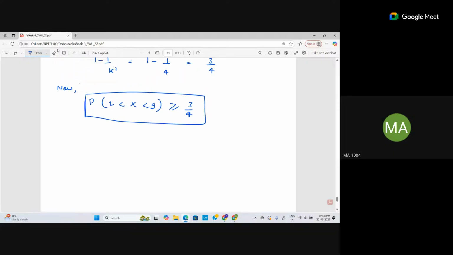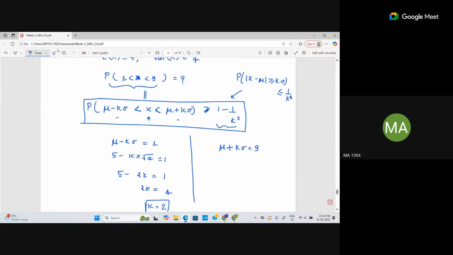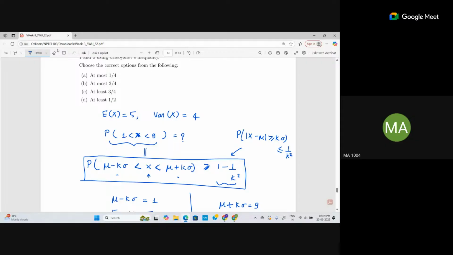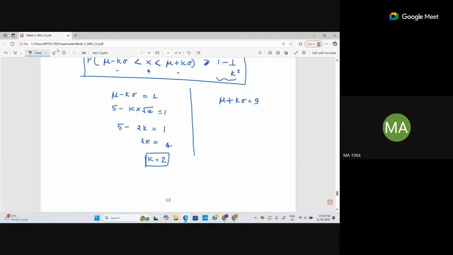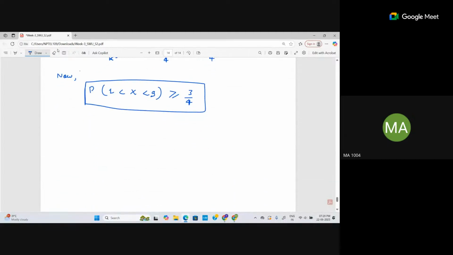So always be clear with these things. So what will it be? It will be according to the options. It will be at most or at least. Is the probability at most 3 by 4 or at least 3 by 4? At least. It should be at least 3 by 4, because this is the lower bound.